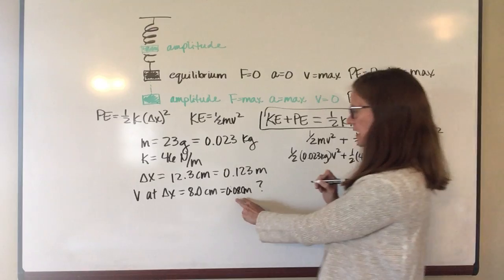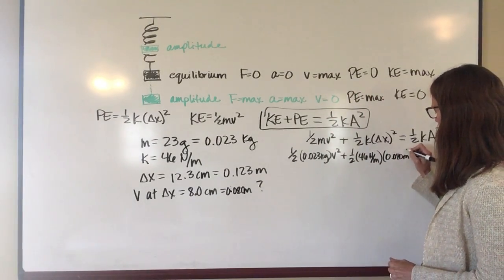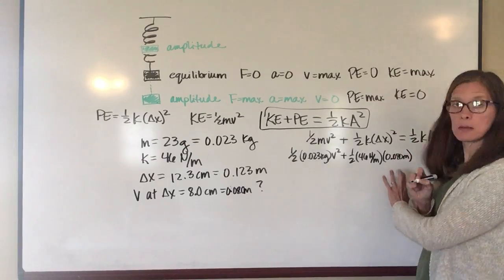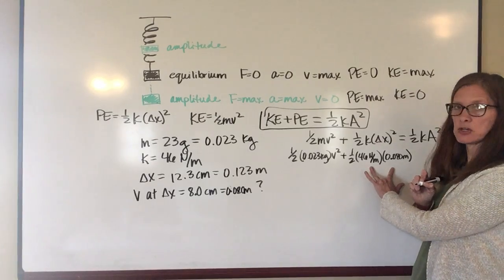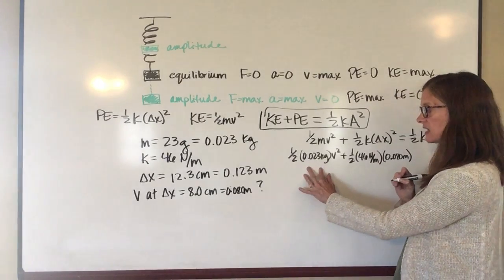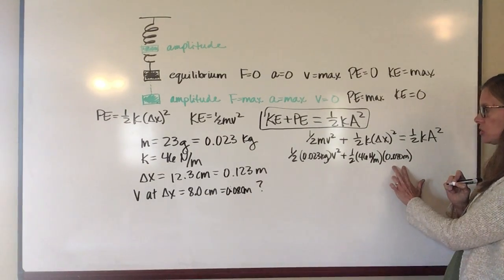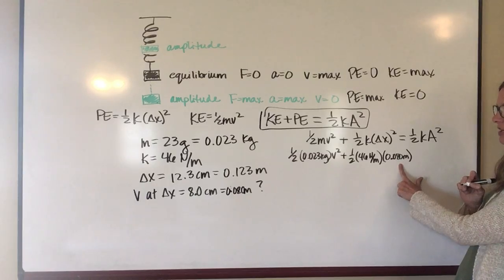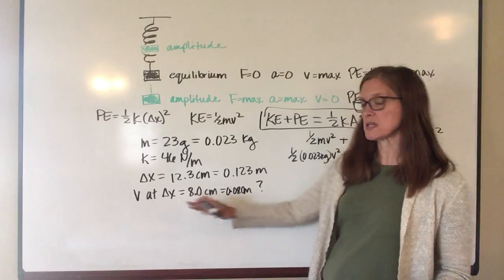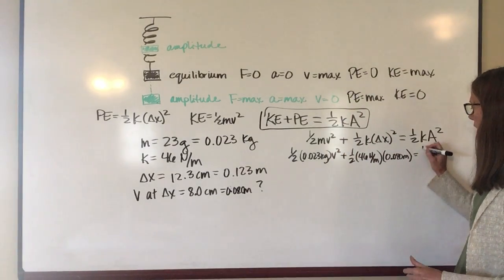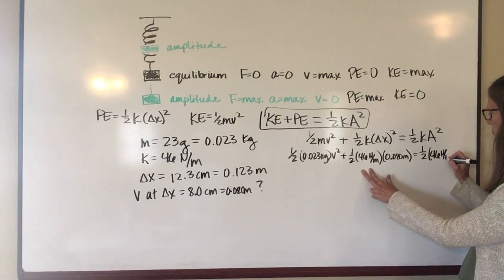The delta X is 0.080 meters, because that's the specific point that I'm talking about right here. So the potential energy at 8 centimeters plus the kinetic energy at 8 centimeters has to equal the total energy. That's why I'm using this particular delta X, because that's the particular point in time that I'm talking about. Equals 1/2 times the K, which is again 46 newtons per meter.